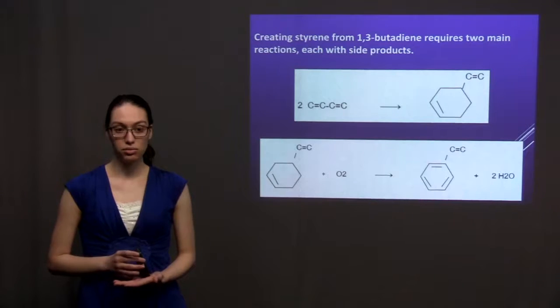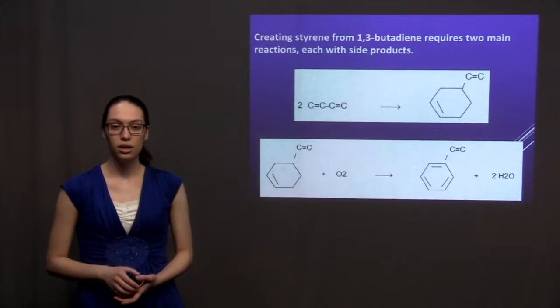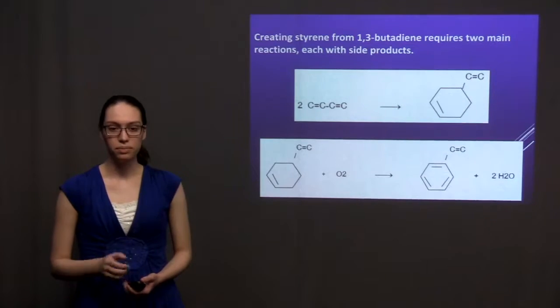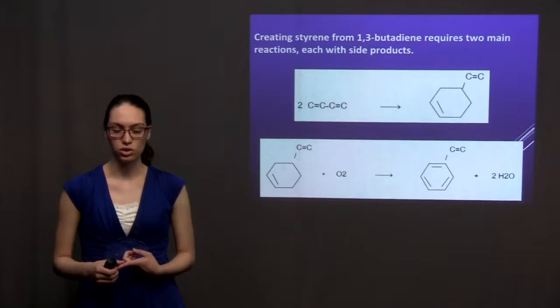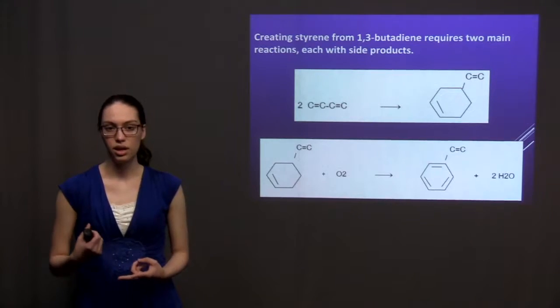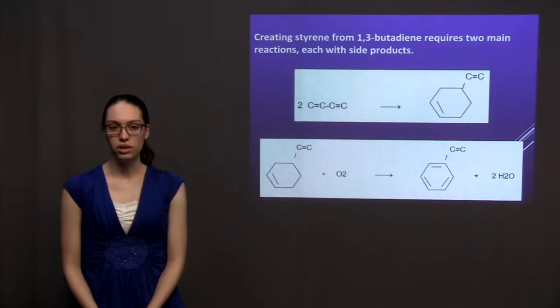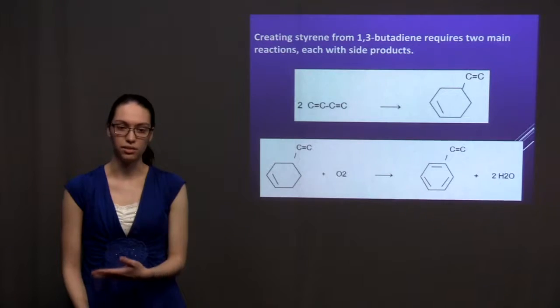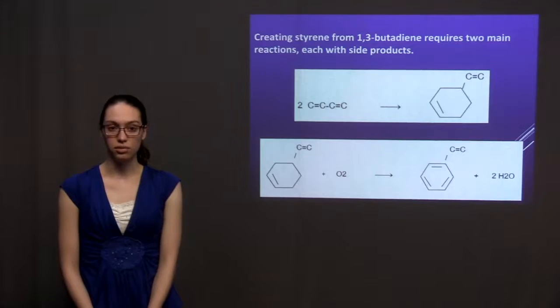And the second main reaction is the vinyl cyclohexene being oxydehydrogenated while reacting with oxygen into styrene. And this similarly has three main side products, which are benzoic acid, ethylbenzene, and benzaldehyde. So clearly, the goal for this design would be to maximize the conversion of butadiene to vinyl cyclohexene and vinyl cyclohexene to styrene, while minimizing the selectivity of these side products.